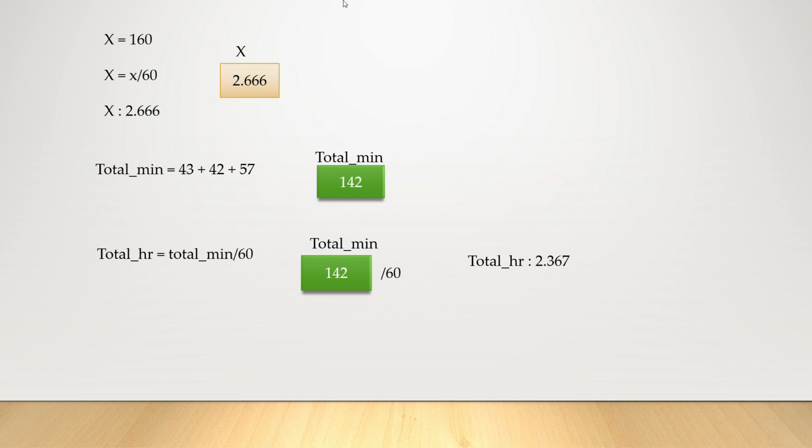If we modify the value of the first variable, that is, if the 43 in total minute is changed to 50, the total minute value will change. It is not necessary to change the whole code. If we change the first variable, then the total value will also change.